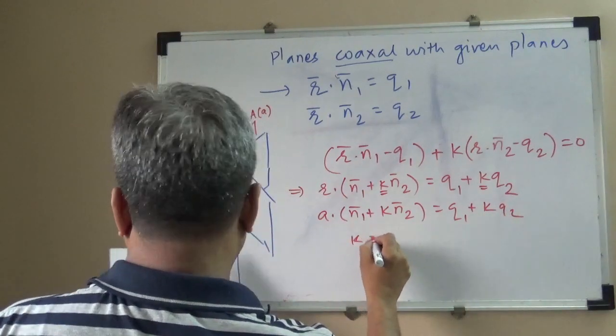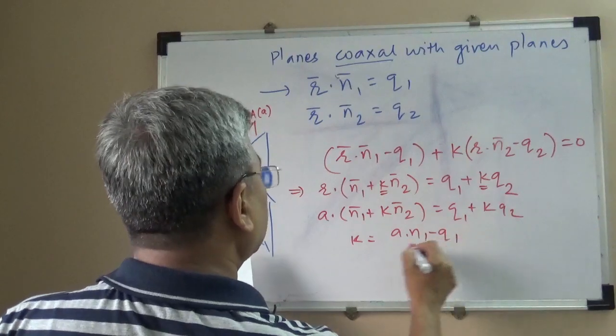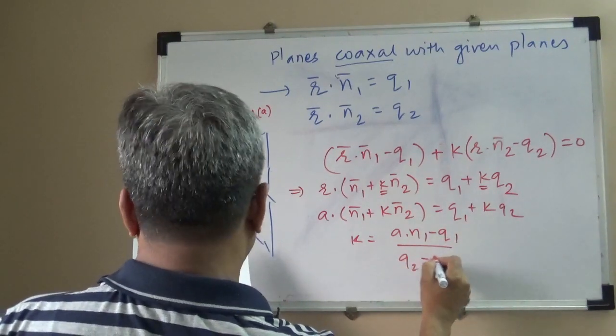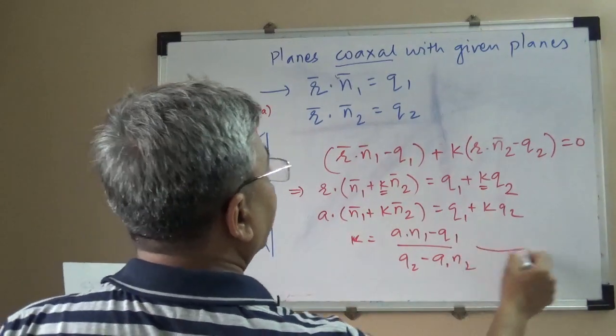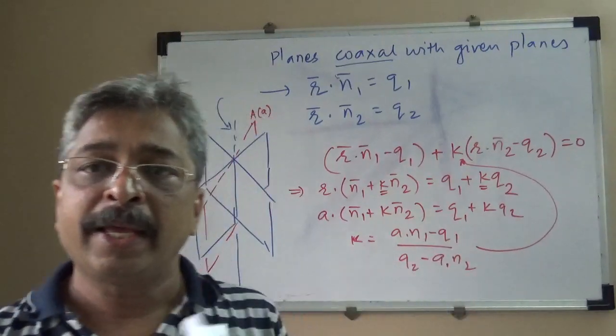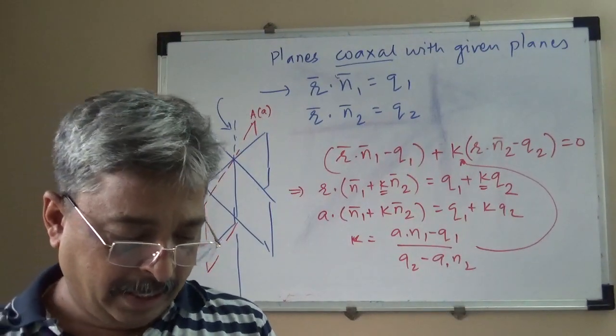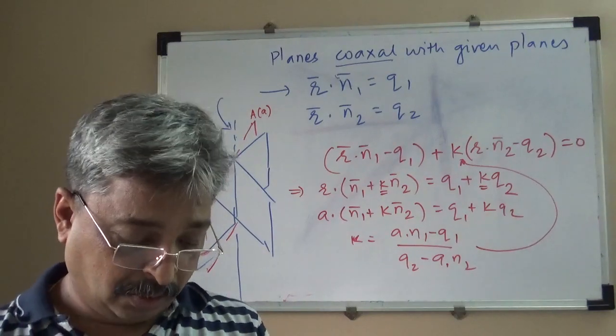So k comes out to be equal to (q1 minus A dot n1) upon (A dot n2 minus q2). If you write this k back over here, that is the plane passing through A and coaxial with the given two planes. Understood?